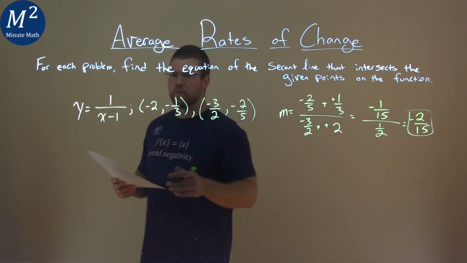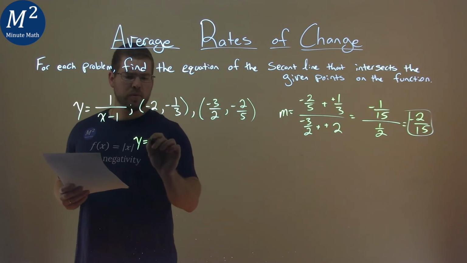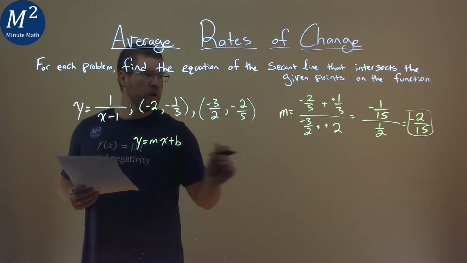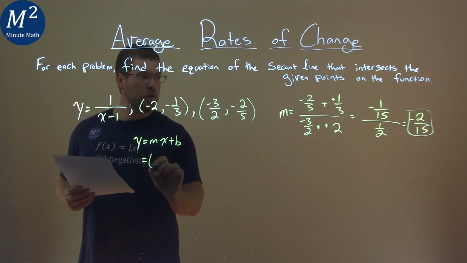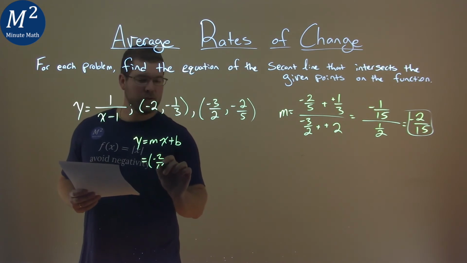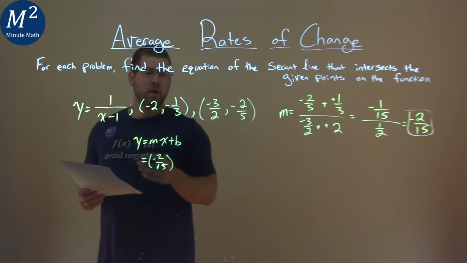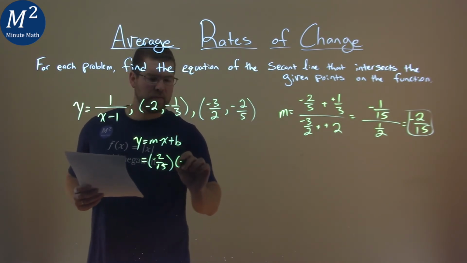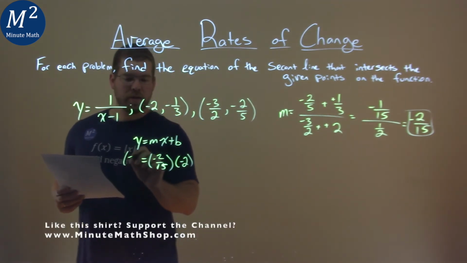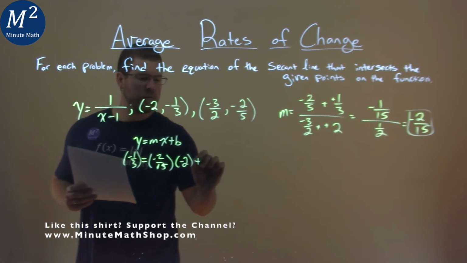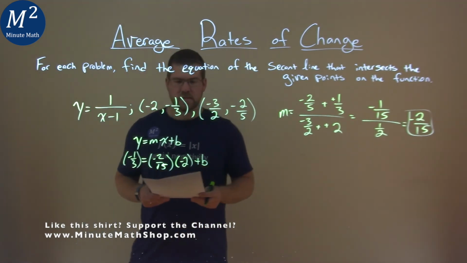Now our formula for our equation of line, let's go with y equals mx plus b. We found our slope. So our slope is negative 2 over 15 here. Let's pick a coordinate point for our x and y value, and I think the first one's easier. x is negative 2, and our y is negative 1/3. And don't forget the plus b. And now let's solve for b.